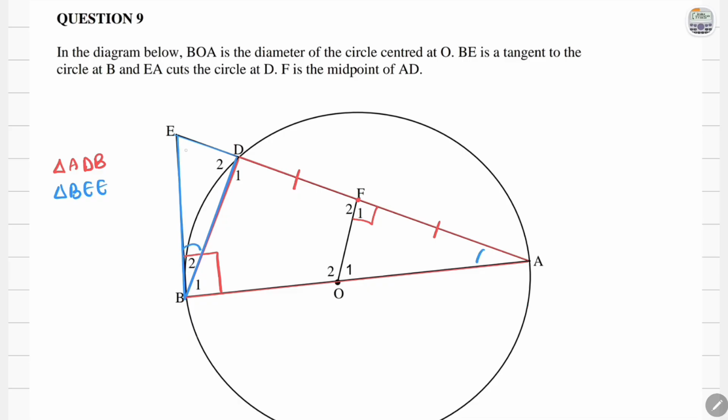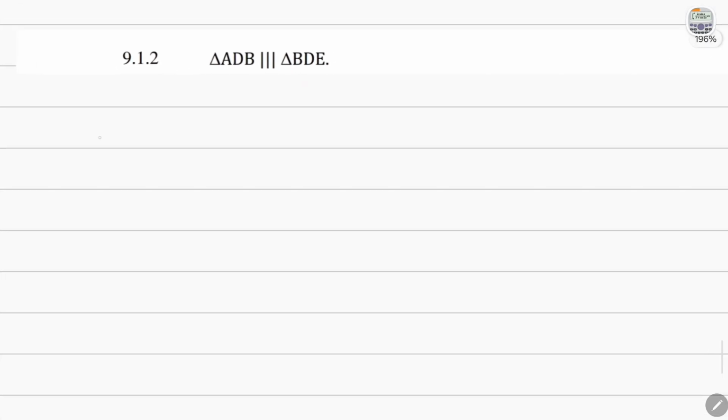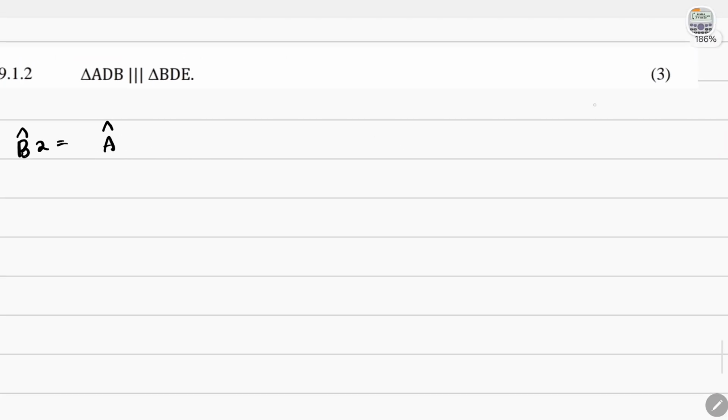Remember how BE is a tangent? So the angle between a tangent and a chord, this chord BD, is going to be equal to the angle supported by that chord, which is angle A. So that's the reason those two would be equal. So let's tell them that angle B2 is actually equal to angle A. We can just call it angle A since there's no confusion with that. It's not broken up into other angles. So angle B2 is equal to angle A, and that's because of the tan chord theorem.